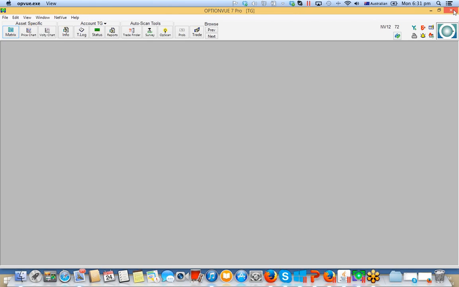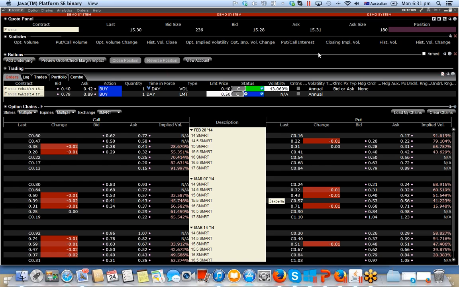Okay, I think that's enough for OptionVue, and let's just see a few examples with volatility. In this case, you can see this is option chain with Interactive Brokers, and I already placed a couple of orders. One of them is a conditional order, and one of them a volatility order. Let me just demonstrate what is a volatility order here.